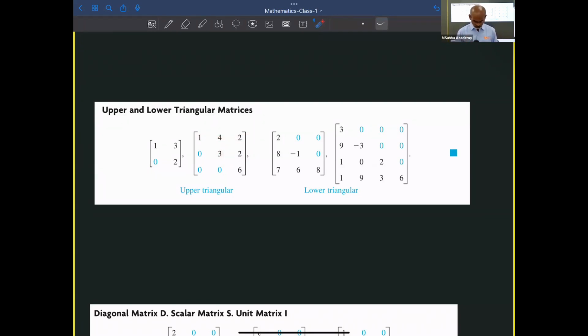Okay, so in that way this is what is called upper triangular. From the diagonal onwards we have the entries, and the lower part is all 0. This is lower triangular, where below and on the diagonal we have the entries.